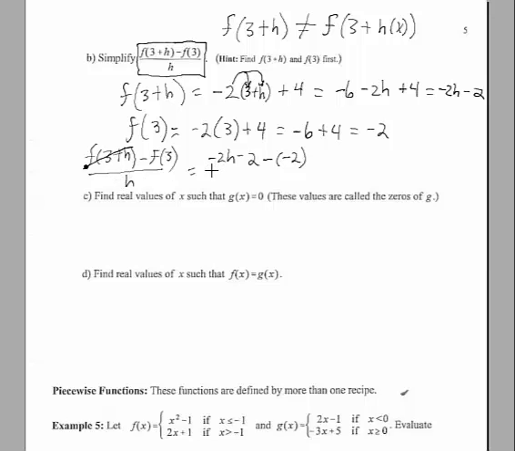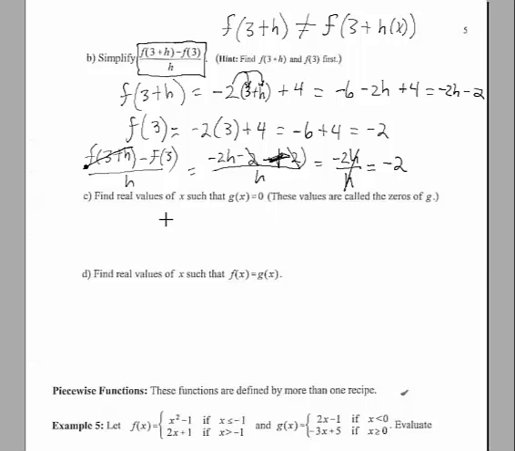Carry the h over to the denominator. This is minus a minus 2, so this would become a plus sign, and we have a negative 2 plus a positive 2. So these two 2's would cancel each other out. We'd have a negative 2h divided by an h. The h's would cancel, and we'd be left with just a negative 2.